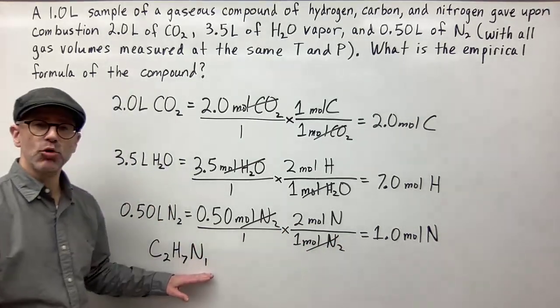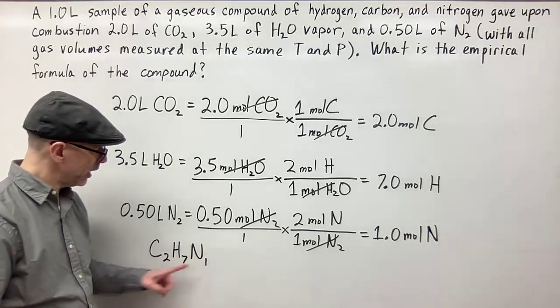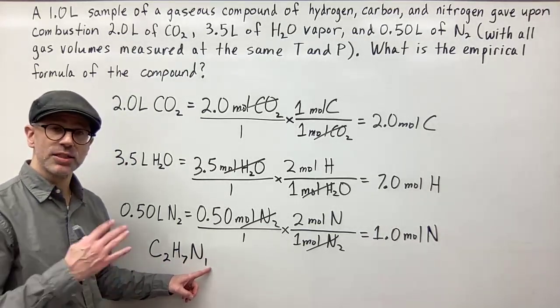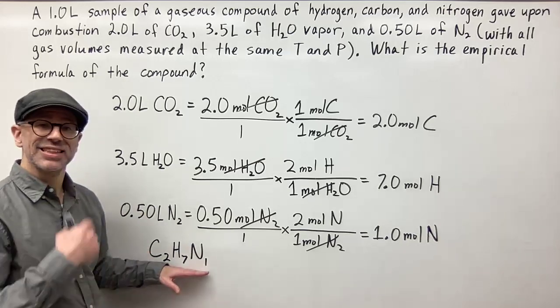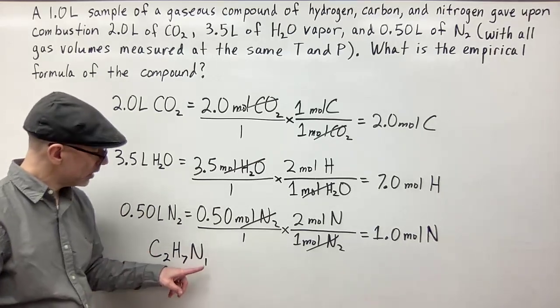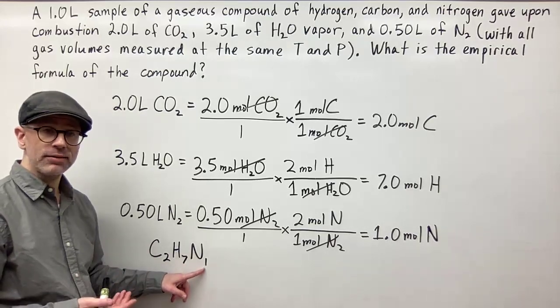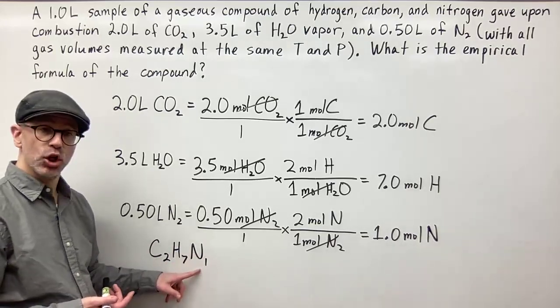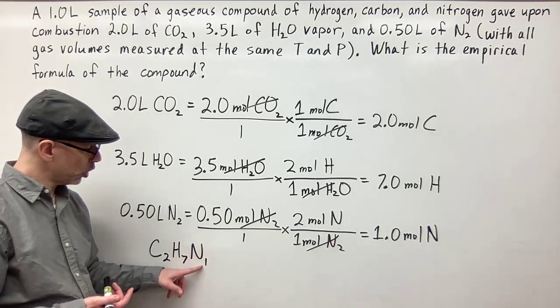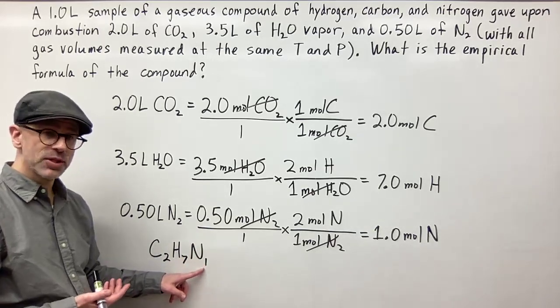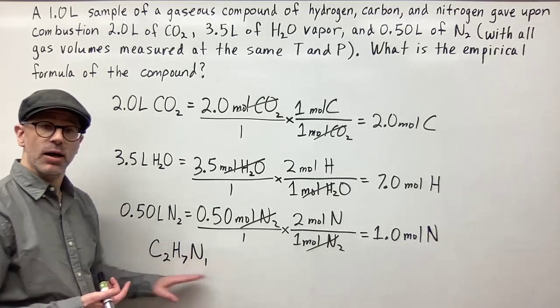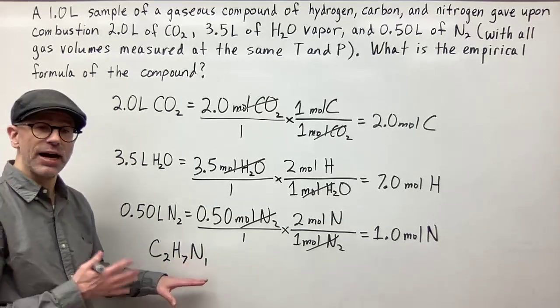And then normally you would divide each of these by the smallest number in order to get one of the subscripts to be 1. But since we already have 1 as the lowest whole number for our subscripts, we don't need to divide by the smallest.